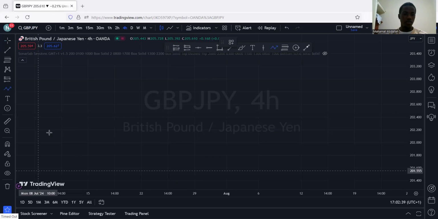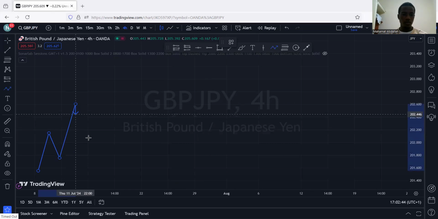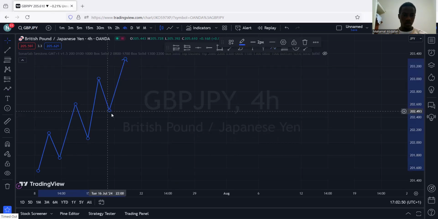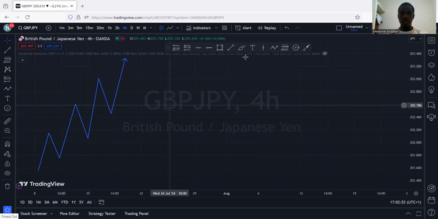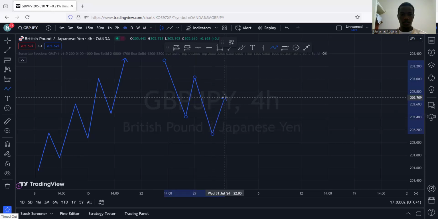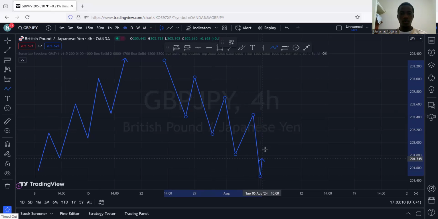So you either have an uptrend like this, something like this, a downtrend, you have something like this, or you have a range.